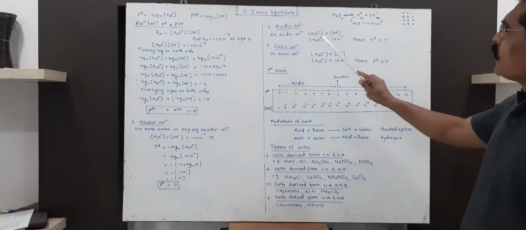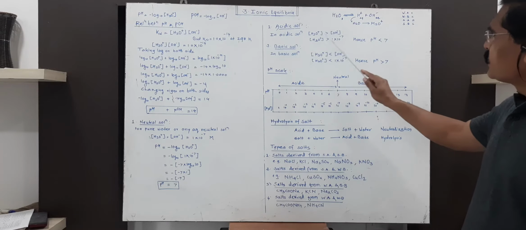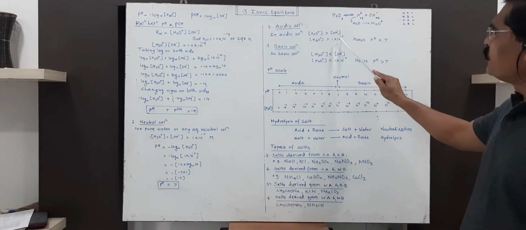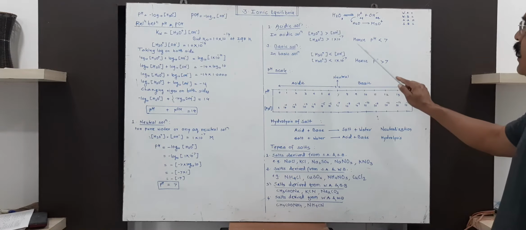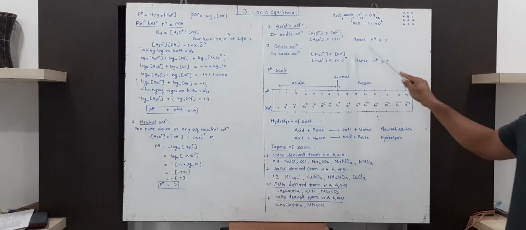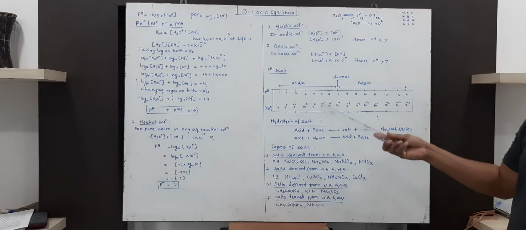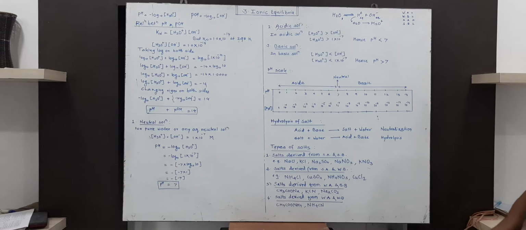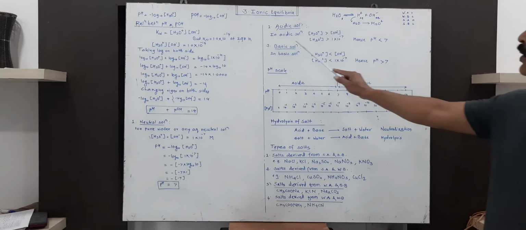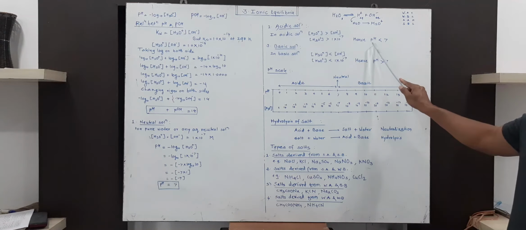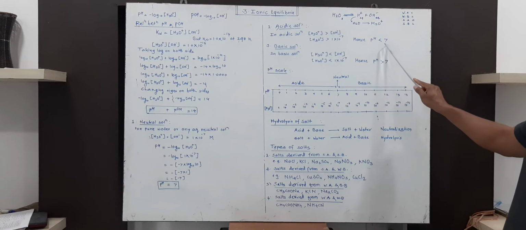Means when the concentration of H3O+ is greater than 1 × 10^-7, then for such solution pH is always less than 7. It may be 6, 5, 4. So we have to remember here, for acidic solution pH is always less than 7.